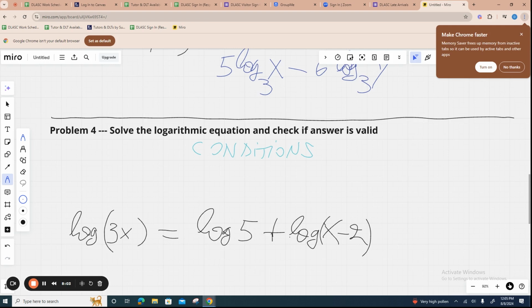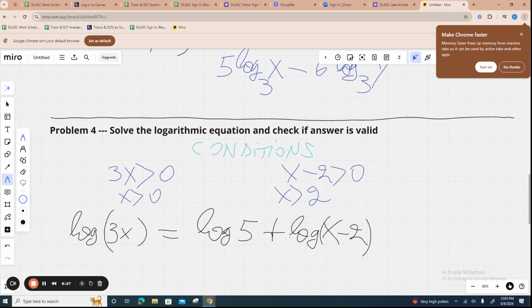So our starting condition here is that 3x has to be positive, and here that x minus 2 has to be positive. Well, here x has to be positive, and here x has to be bigger than 2 for that to be positive. So I have 2 starting conditions, right?